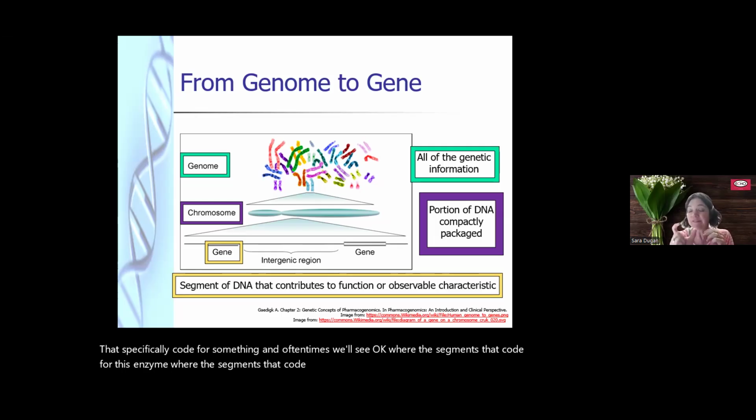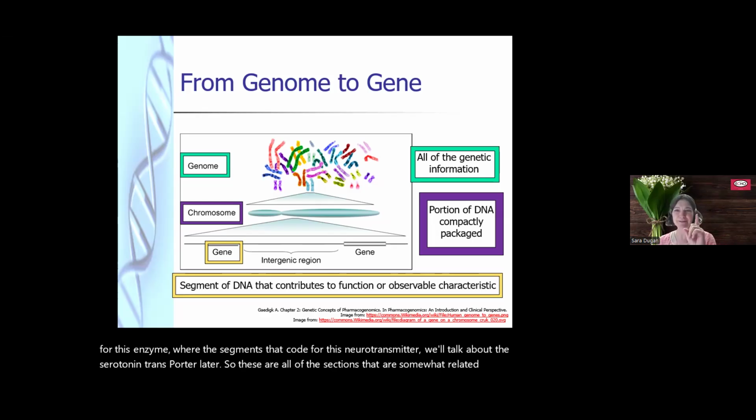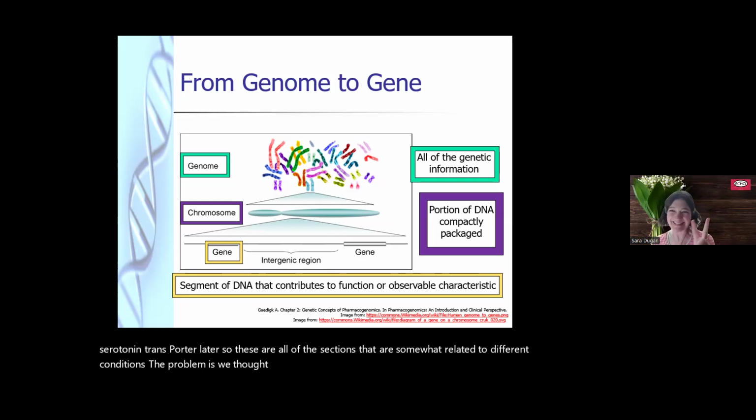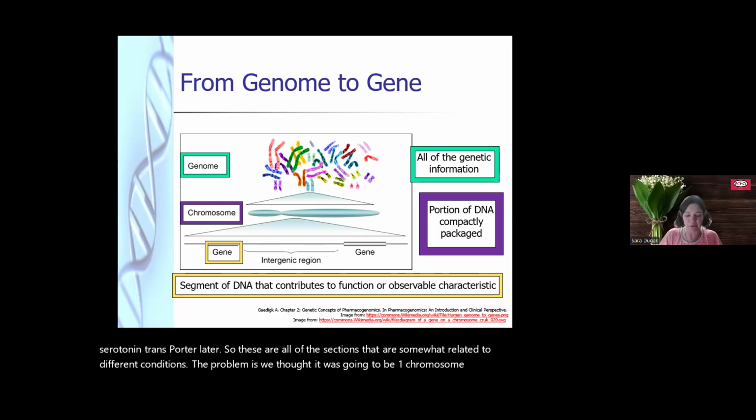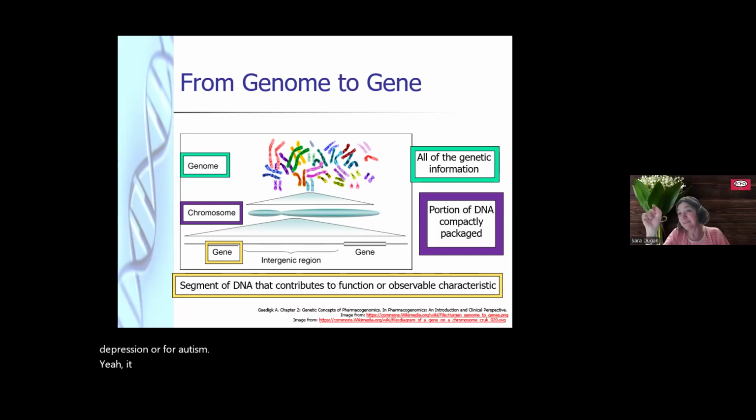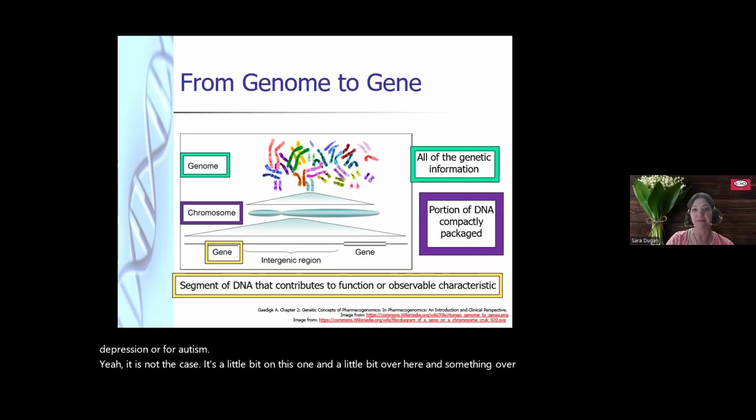These are all of the sections that are somewhat related to different conditions. The problem is we thought it was going to be one chromosome, one enzyme for depression or for autism. It is not the case. It's a little bit on this one and a little bit over here and something over there. So it was way more complex than what we had originally anticipated.